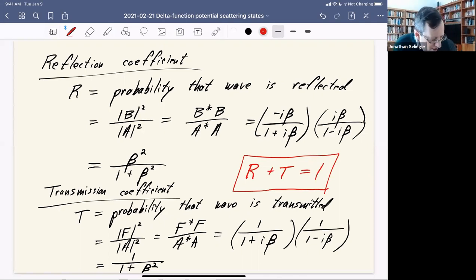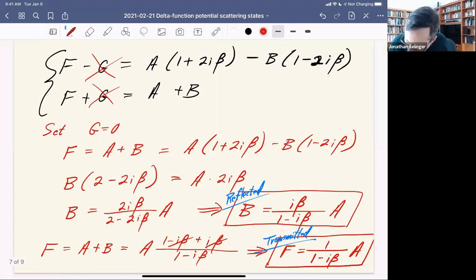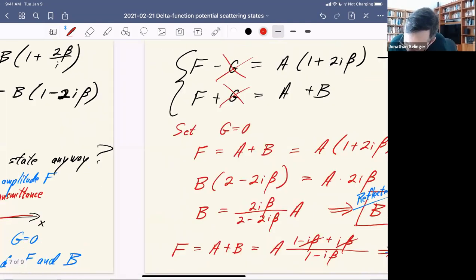Okay, so what is beta? Well, we defined it a long time ago, somewhere here.